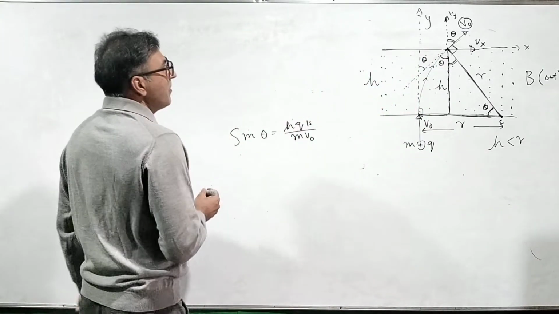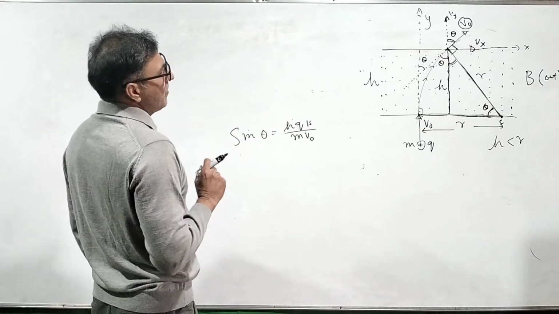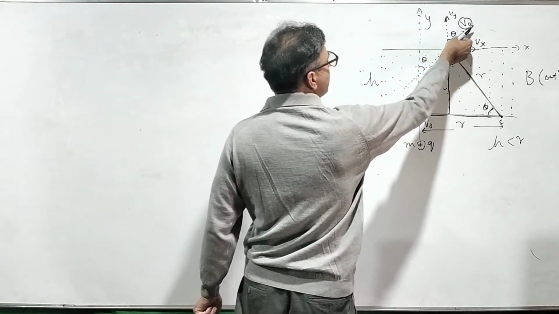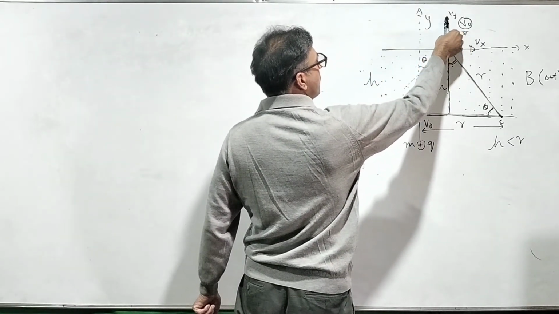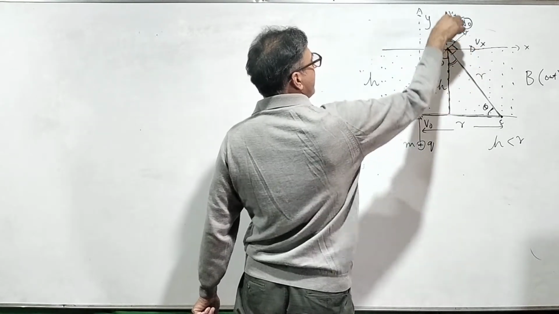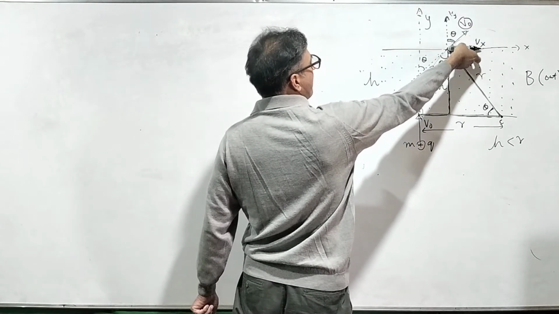Now, when the charge emerges out of the field, its speed is the same, that is v0. So what is Vy? Put this v0 into components: v0 cos theta and v0 sin theta. Theta is defined with the vertical axis, that is why Vy is the cos component and Vx is the sin component.